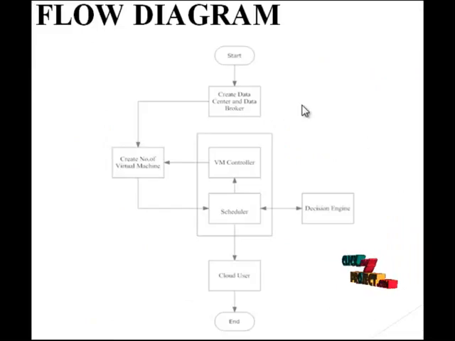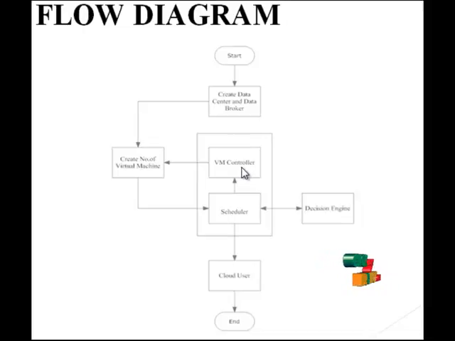This is the main flow of our project, in which first we have to create cloud parameters like a data center and a data broker, and we have to create the number of virtual machines. All these details are given to the SPRNT system. The SPRNT system contains a VM controller and a SPRNT scheduler.